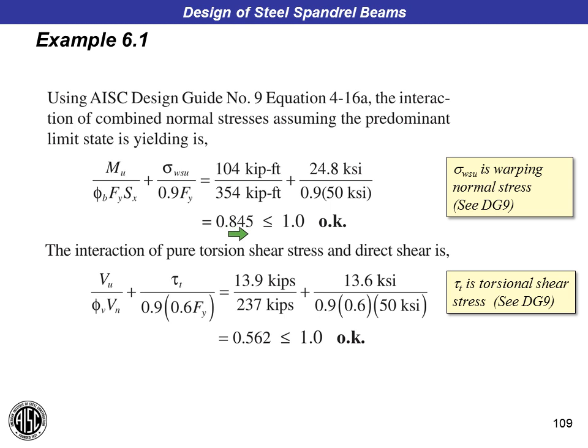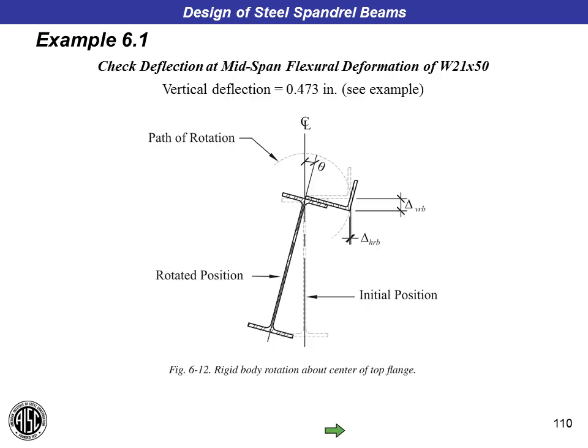We're at about 0.84, 0.85 of capacity. We have to look at the shear and combine that with the torsional shear from Design Guide 9, and we would find that we were at 0.52 of capacity.